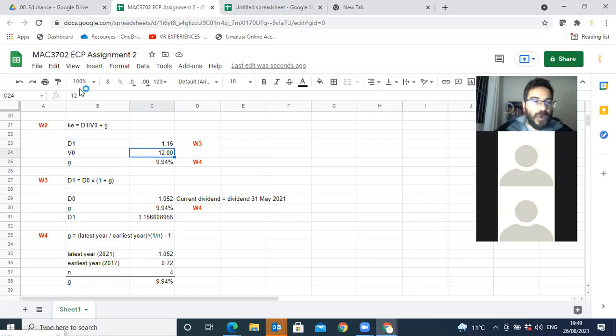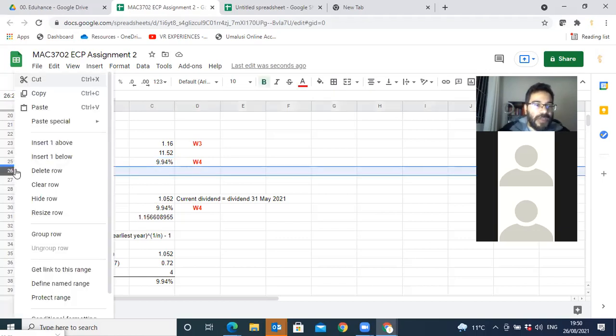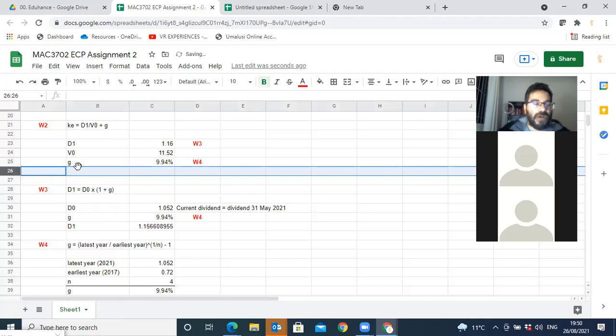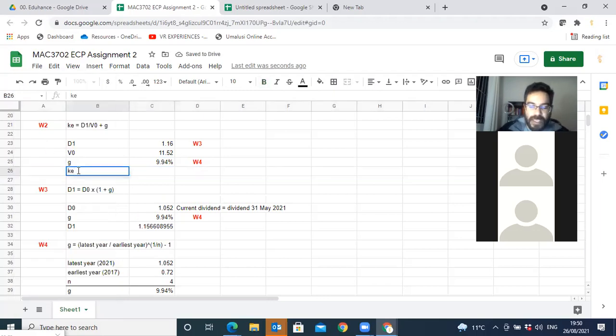So you actually get 12 Rand multiplied by 96%, only 11 Rand 52.